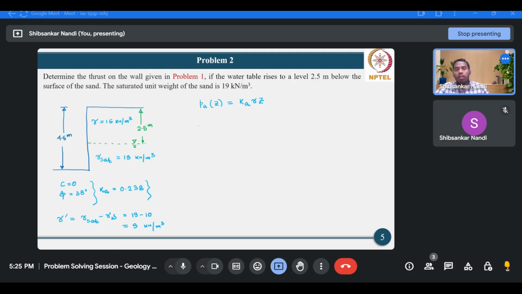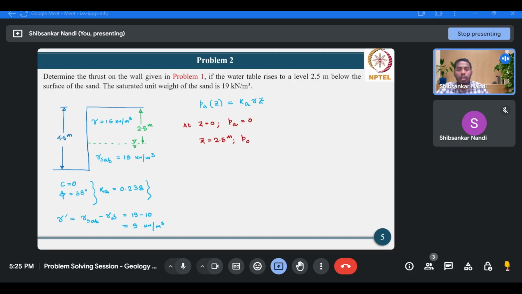Okay, so now we'll consider three locations. First of all, at z equals 0, what is your PA? So PA is simply 0. Then z equals 2.5 meter.